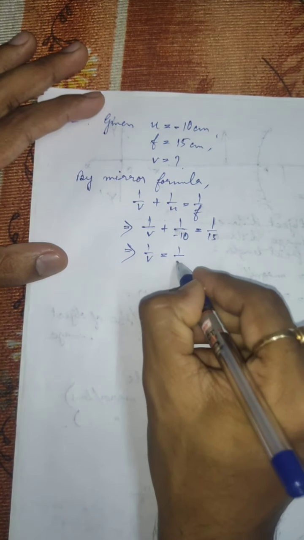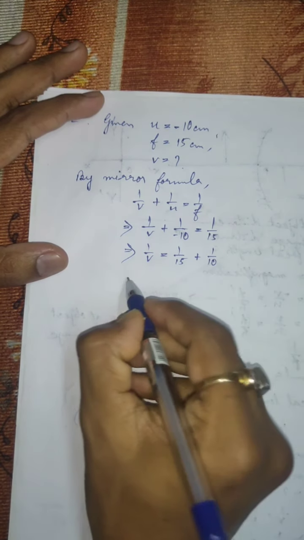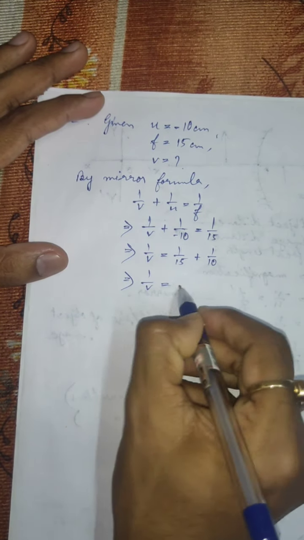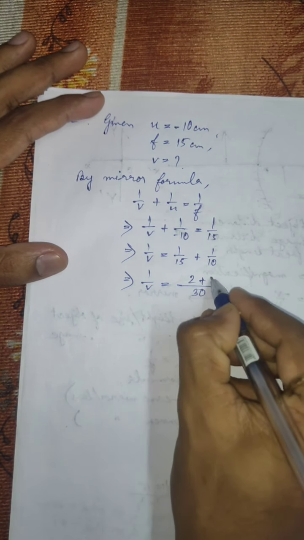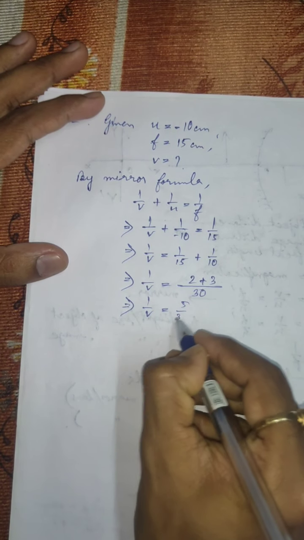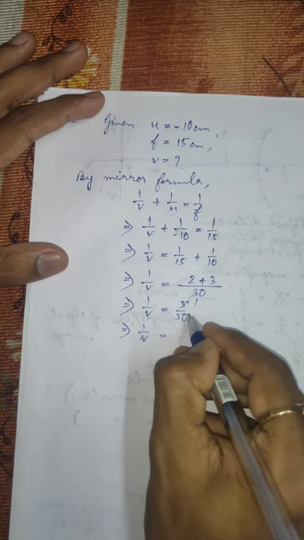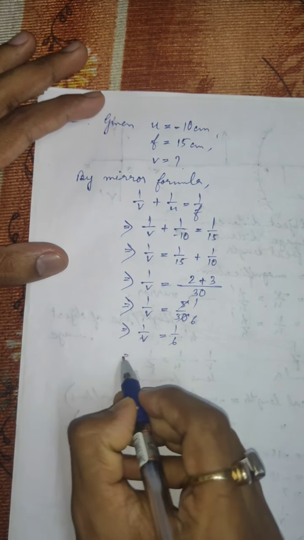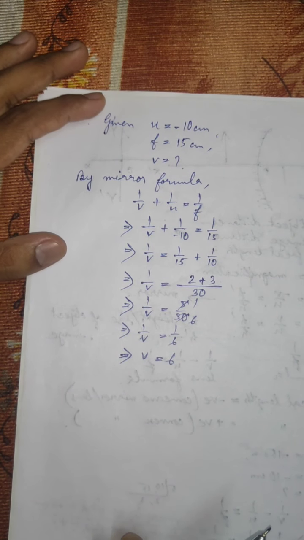Now we shall simplify. LCM is 30. 5 by 30, 1 by 6, that is 1 by v is equal to 1 by 6.